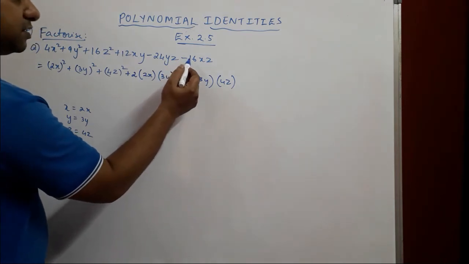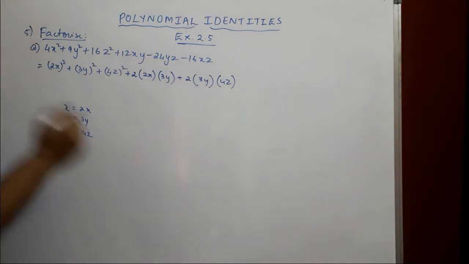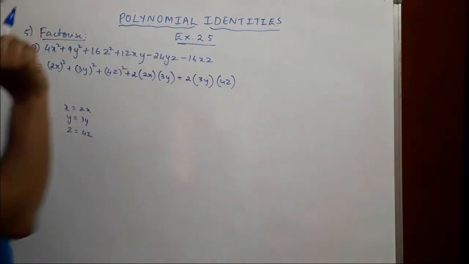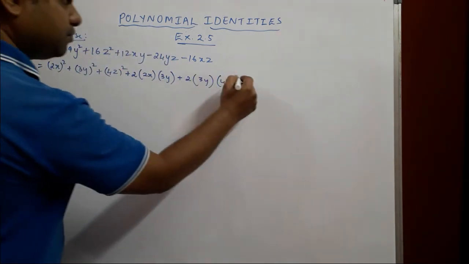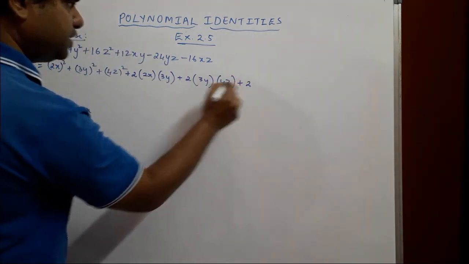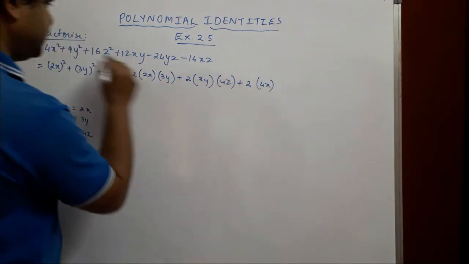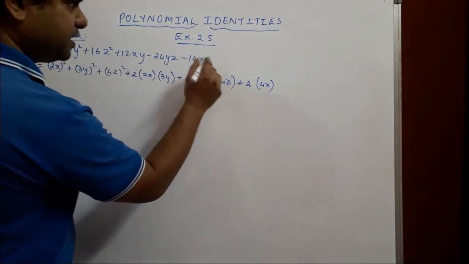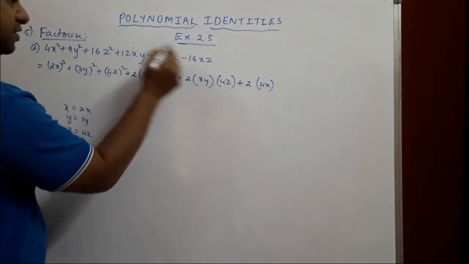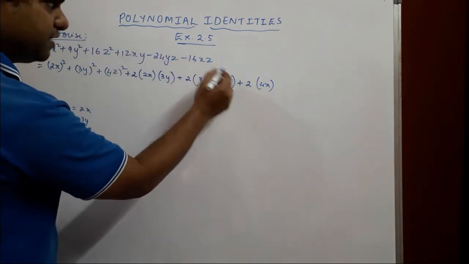Next one says minus 16zx, then again that means one of them is negative, so we'll put what is plus over here, 2 into what is x, and what is z over here, you can write it as zx also, but since it is given xz, I'll put it in that fashion only.